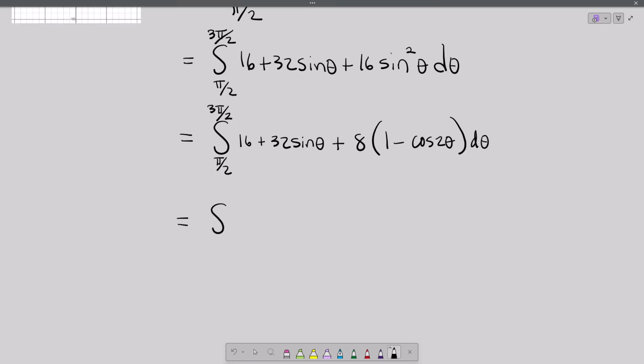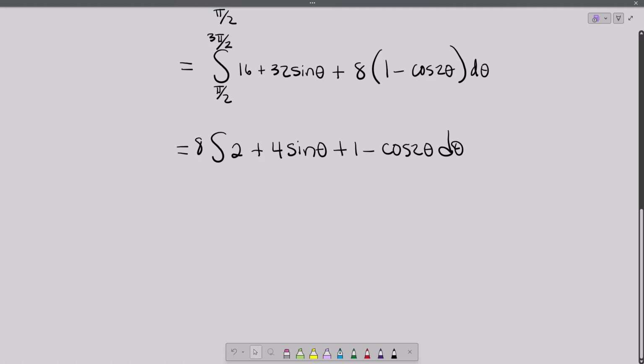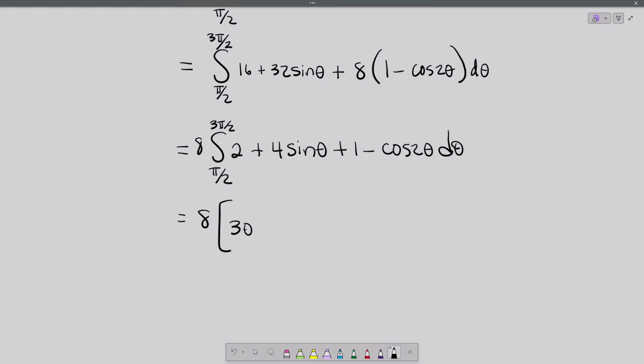So then let's factor out an 8 here. If we factor out an 8, we're going to get 2 plus 4 sine of theta, plus 1 minus cosine of 2 theta. All right, that we can integrate. We can combine those two constants and integrate. We're good at that. So we integrate that, we get 3 theta.